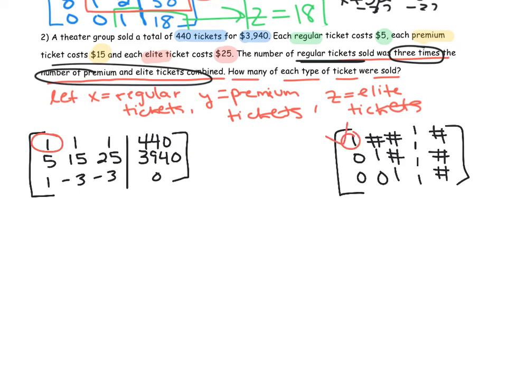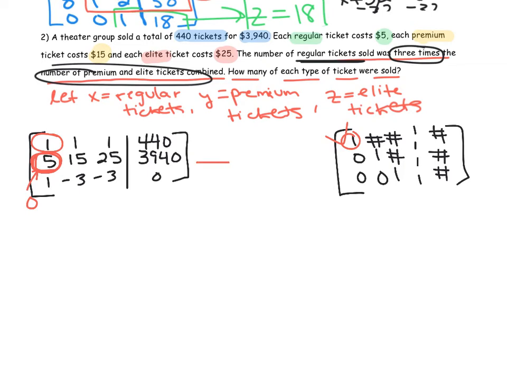Now, next thing I want to do is turn this 5 into a 0. The way we're going to turn that 5 into a 0, and you can pick either or, I'm going to use the first row and the second row.